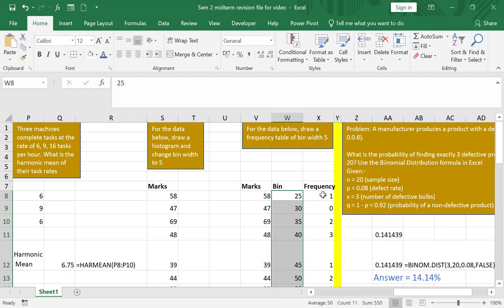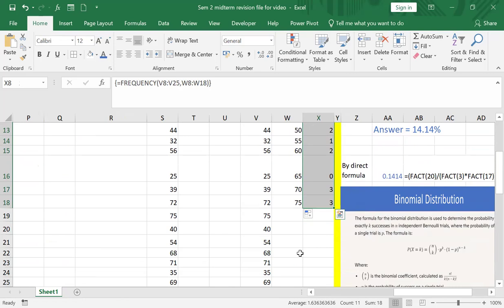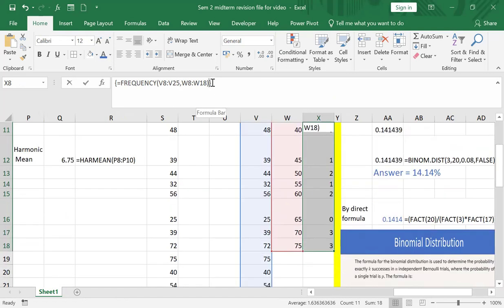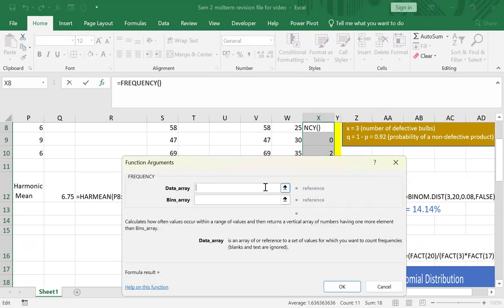Then I have to select these blanks up to where the bins are. Then write a formula. I'll remove the formula here. So I write the formula equal to FREQUENCY. Double click on this one. Then you'll get this. Where is the data?